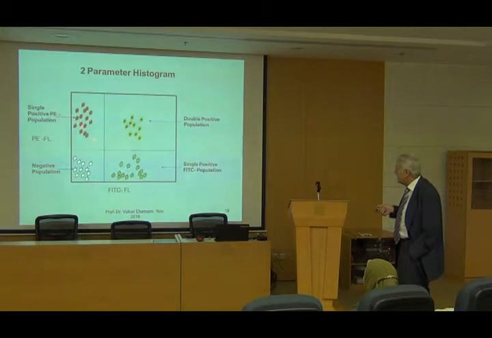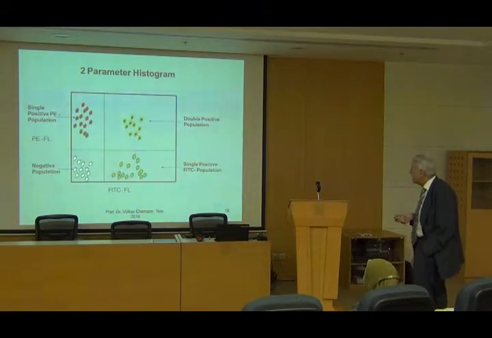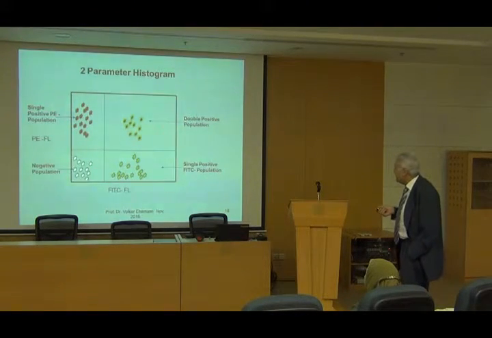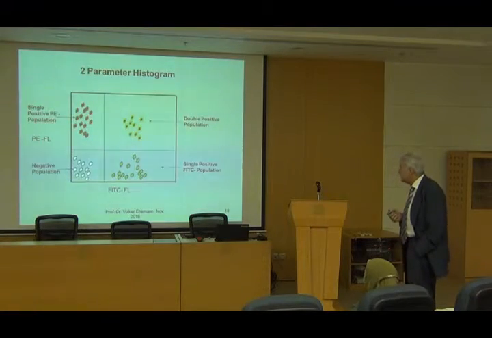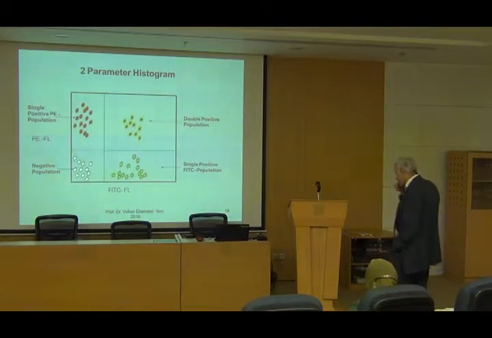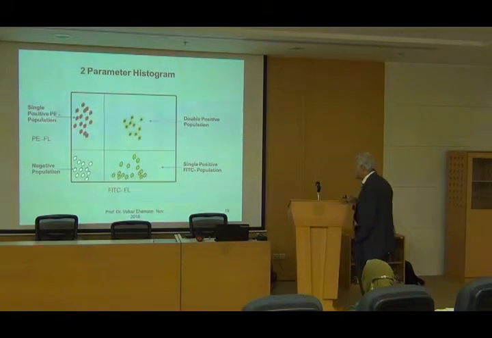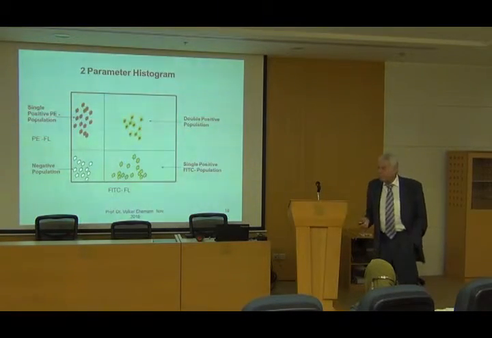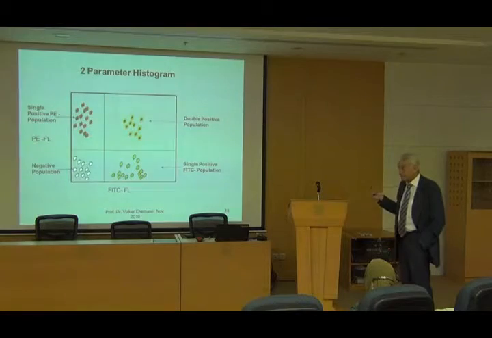Single positive cells which are marked with phycoerythrin are located here. And in this quadrant we see double positive cells, cells which are marked by FITC as well as by phycoerythrin. This is the most common analysis by surface antibodies, for analyzing, for example, blood.